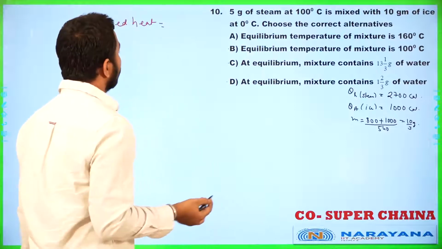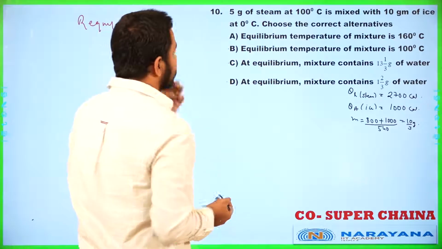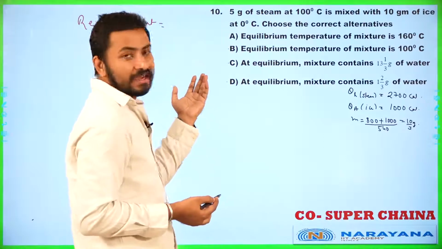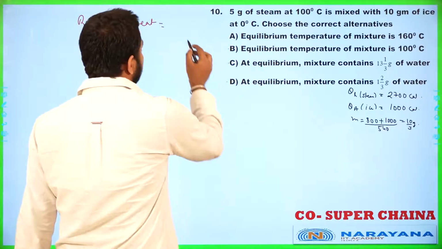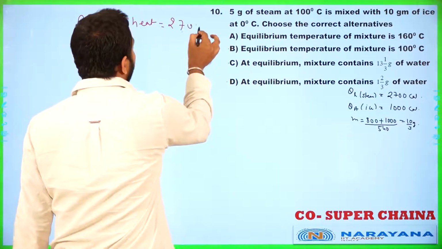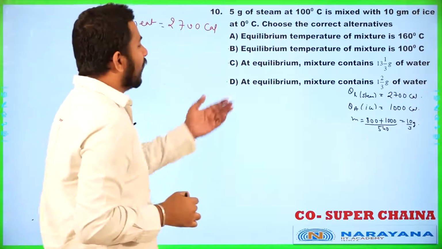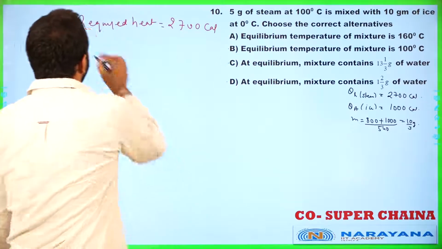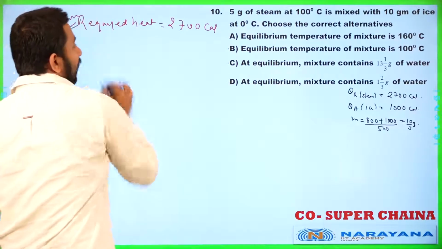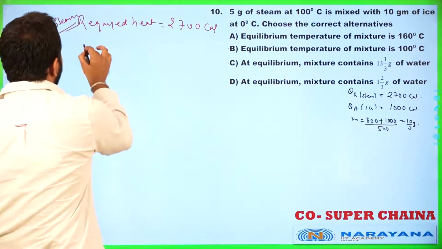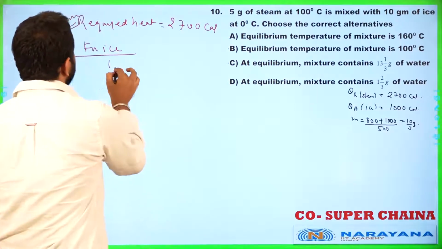We know the latent heat of vaporization, so if you substitute the values, the required heat will be coming as 2700 calorie. We have done it for steam. Now if we see it for ice, what will happen? 10 gram of ice is given.